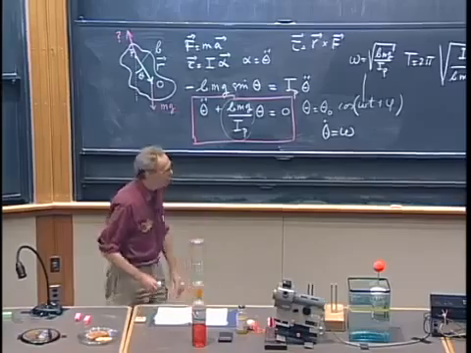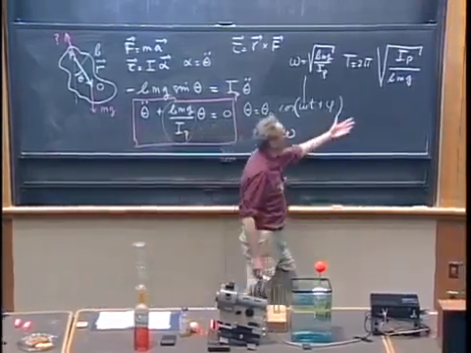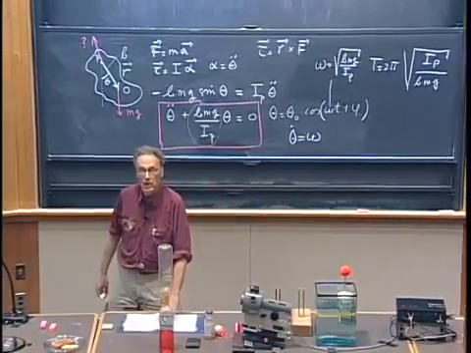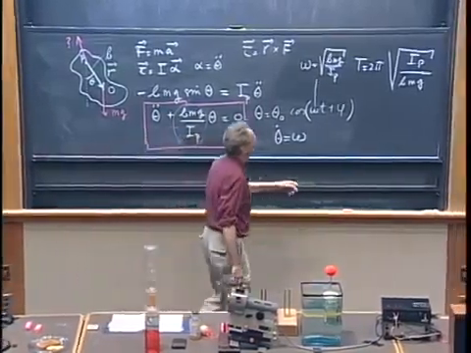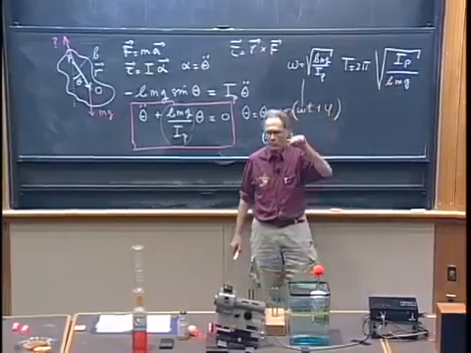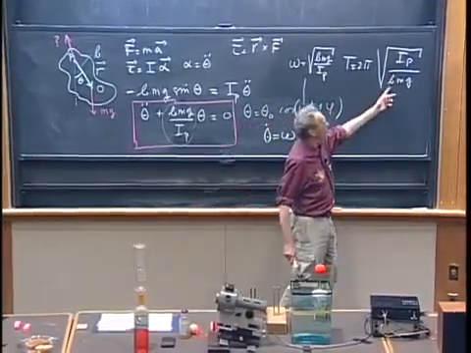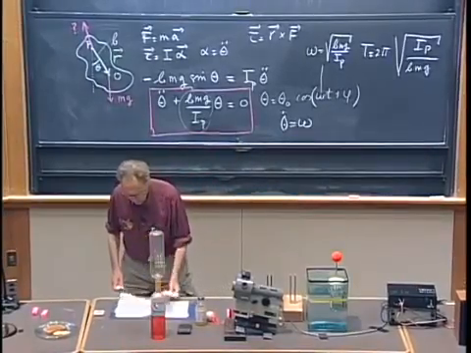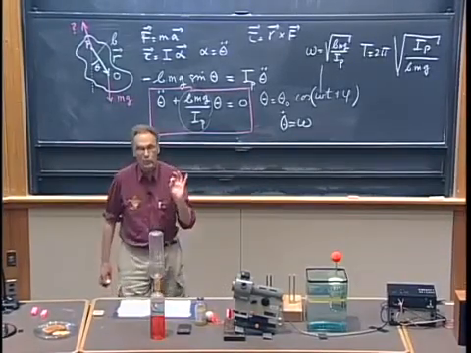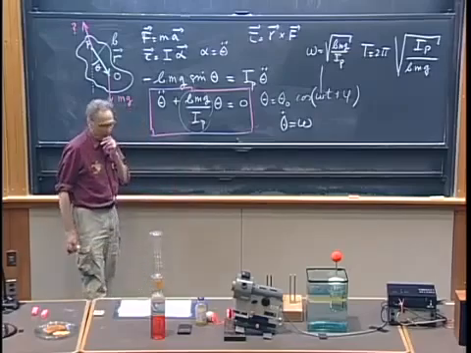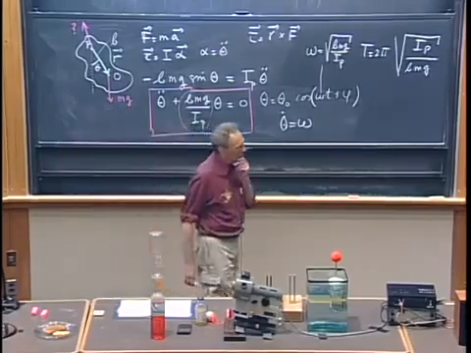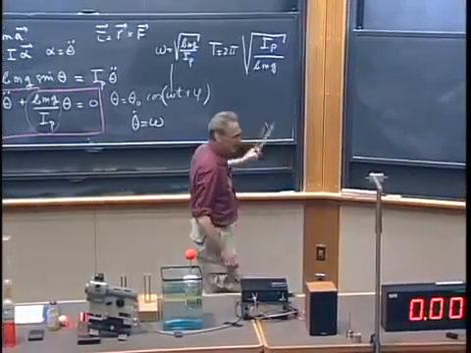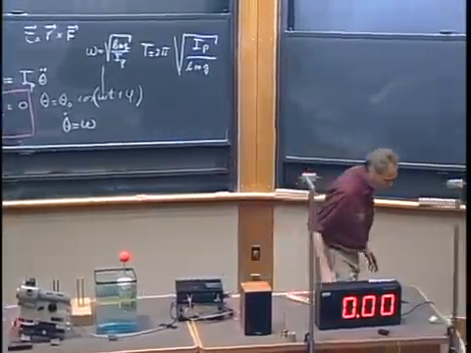So now we have all the ingredients in hand to calculate for absurd-looking objects what the period of oscillation is, provided that we are able to calculate the moment of inertia about the point of rotation, and of course we have to know b and the mass of the object. You have a wonderful example in your problem set. I will solve that equation, we'll calculate this T, for a hoop.